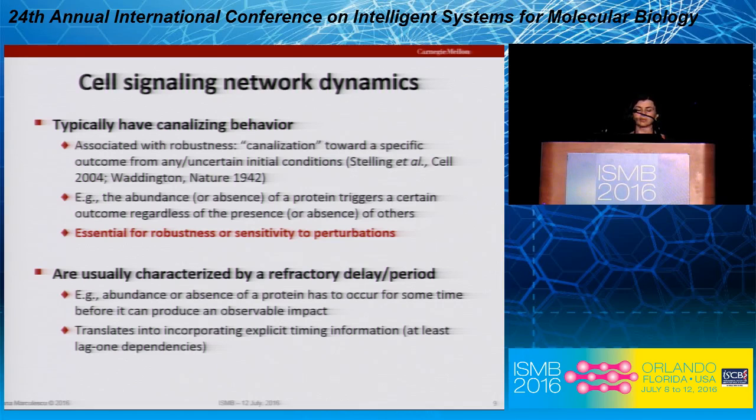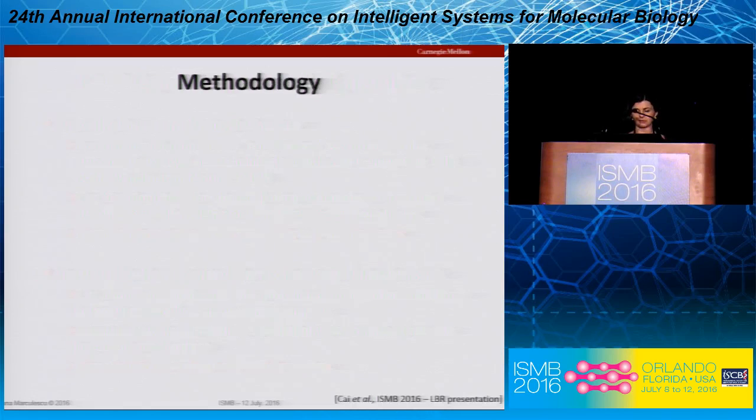In other words, explicit timing information has to be incorporated. It's not just a simple time step. You have to look back perhaps multiple lags of time. So both are essential for capturing correct biological behavior, but it also turns out that they allow us to do more efficient implementations.